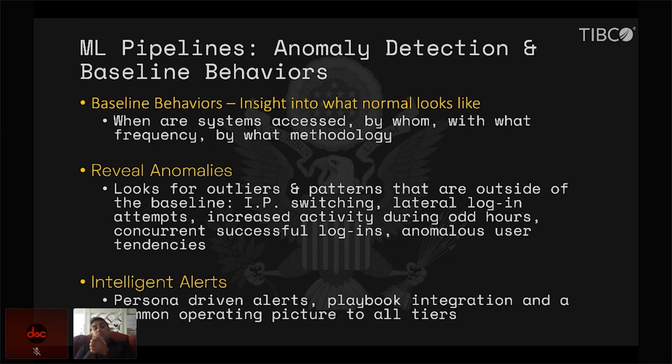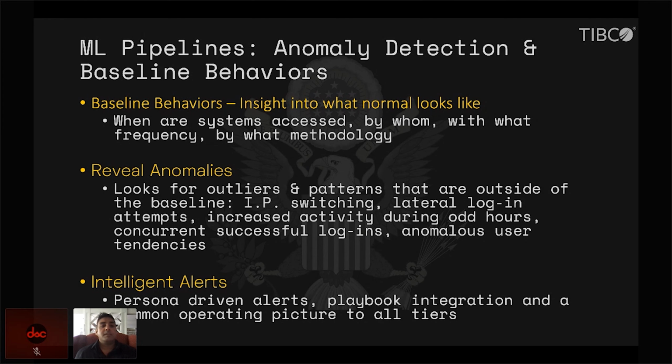After finding through that supervised process what would truly be considered anomalous, do we transition from a supervised to an unsupervised approach? And that's where we start to have intelligent alerts being delivered automatically through an ML AI pipeline. And those can be persona driven.